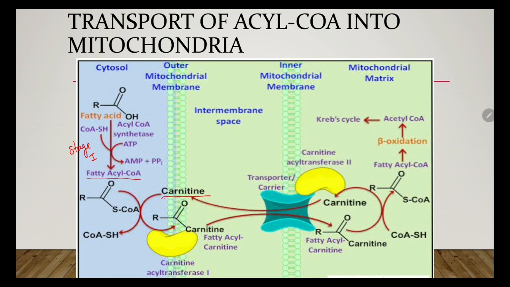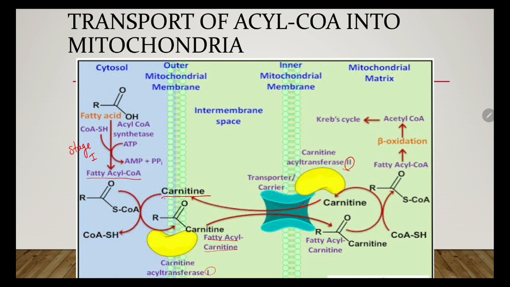This fatty acyl carnitine will go by CPT1 on outer mitochondrial membrane to the CPT2 on inner mitochondrial membrane. As soon as the fatty acyl carnitine enters the mitochondrial matrix, it will split into fatty acyl-CoA and carnitine.